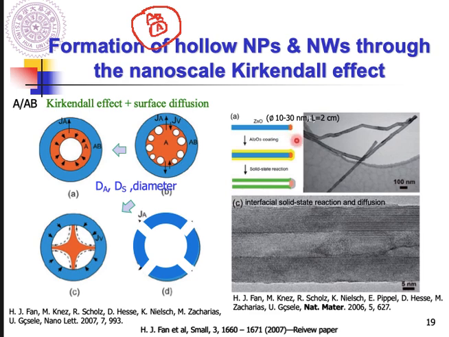And we use ALD to deposit a conformal layer of alumina to cover the zinc oxide nanowire. Then we put this material into the oven to heat it up to 700 degrees C for 3 hours.